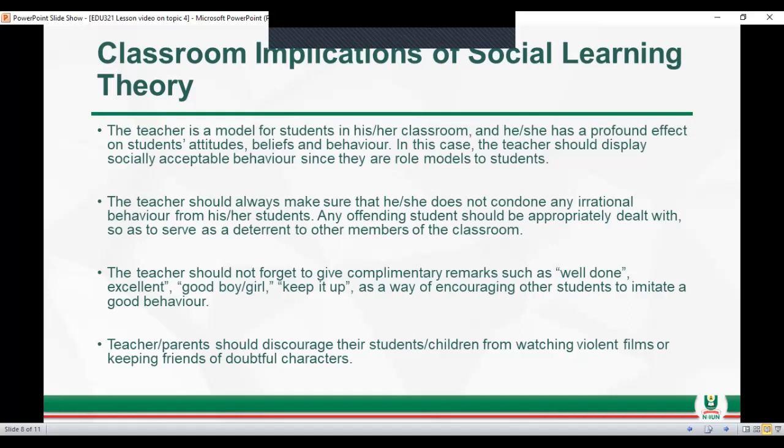Oh, well done, Josephine, you have done so well by sitting quietly. Mention the student's name and the positive behavior being displayed by that student. In that way, the student is very much encouraged to continue to do that good thing.